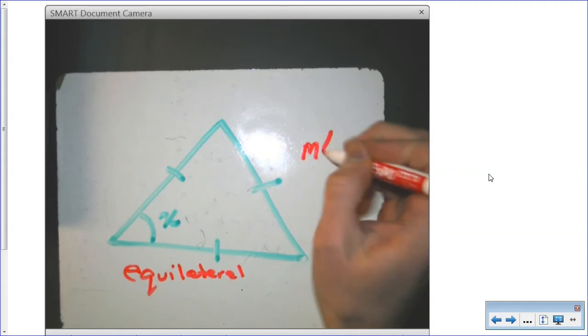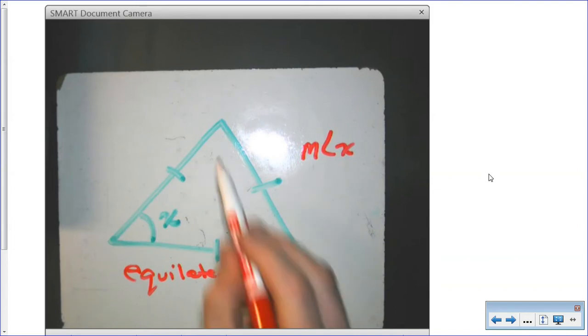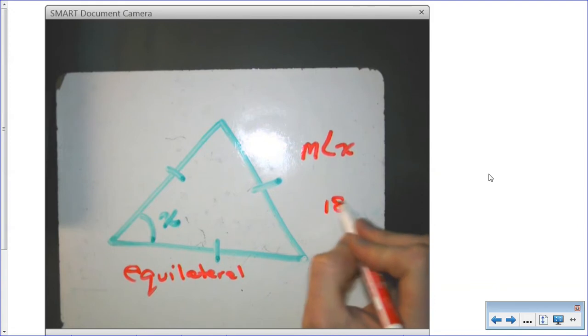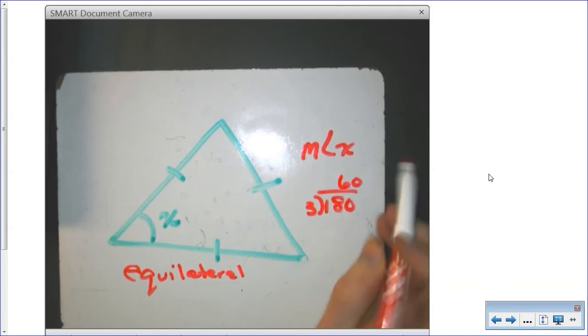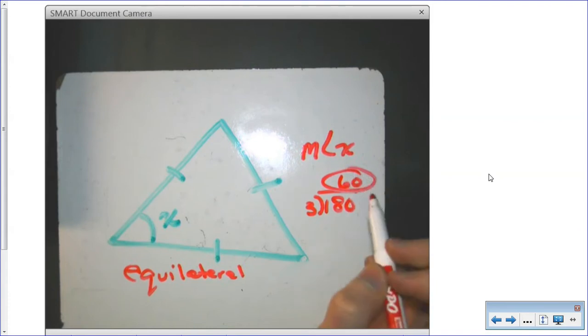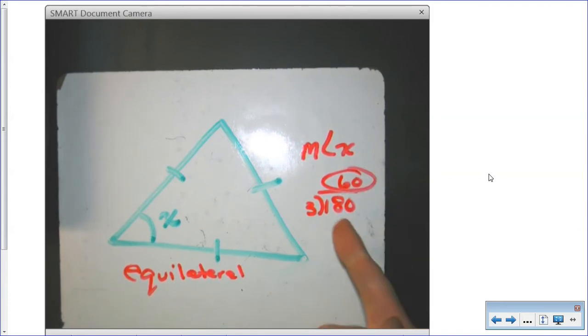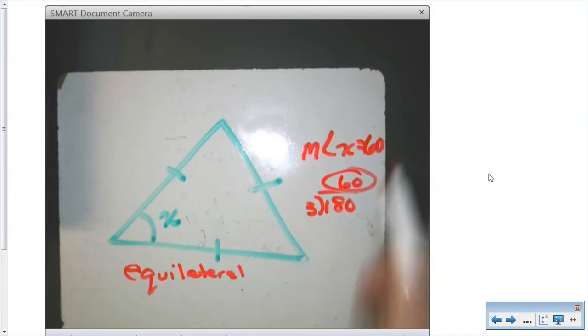So the measure of angle x is going to be given to me by realizing, hey, I need to figure out that there's three equal angles here. And again, that 180 divided by 3 is 60 degrees. And once we've remembered that there are 60 degrees in every angle of an equilateral triangle, I really don't have to do this division work anymore. The answer will never change on me. So the measure of angle x is 60 degrees.